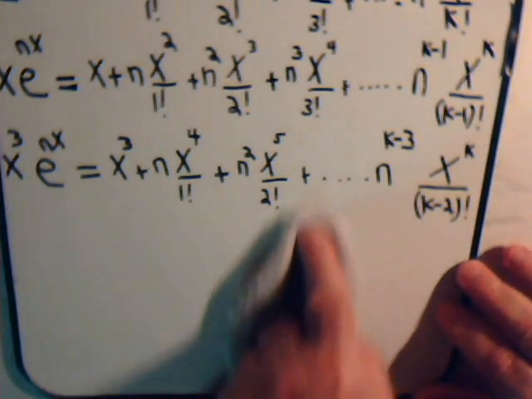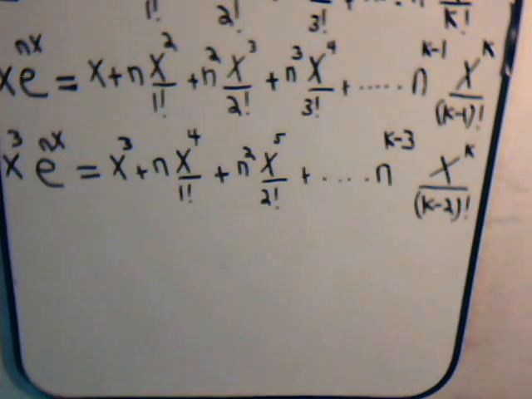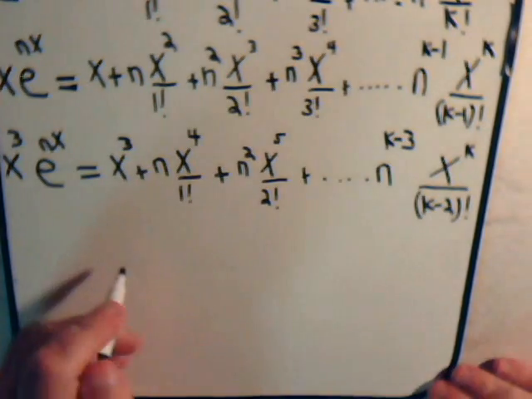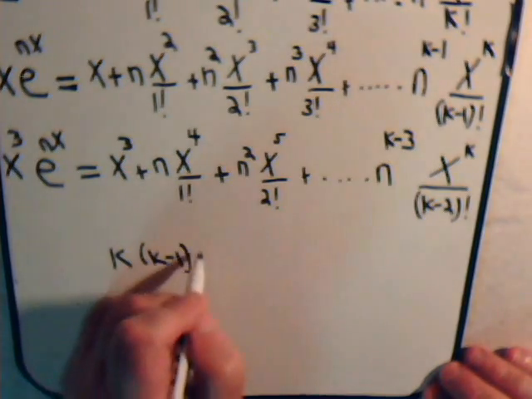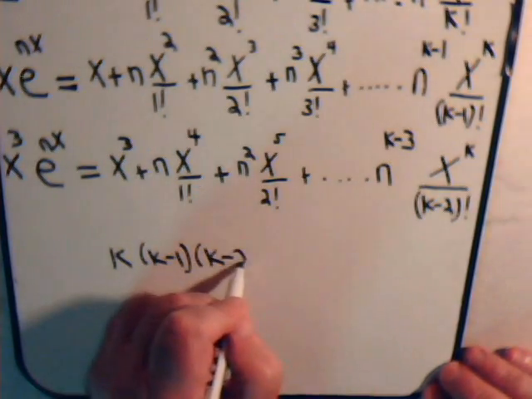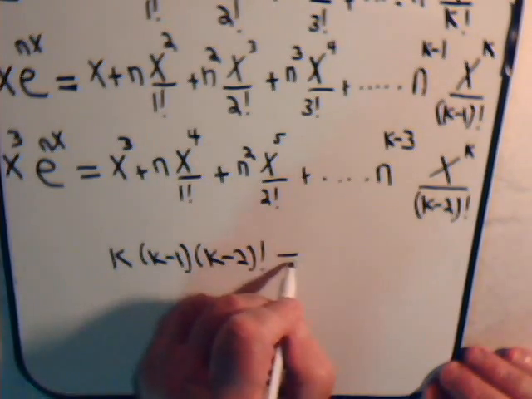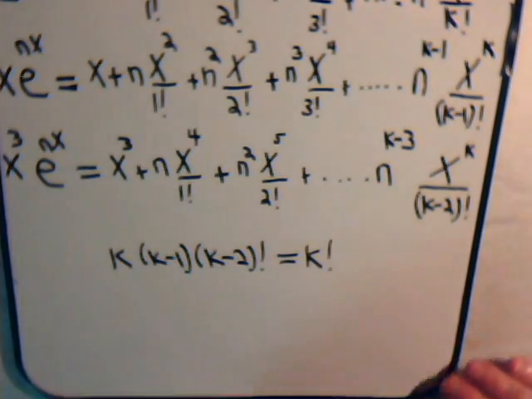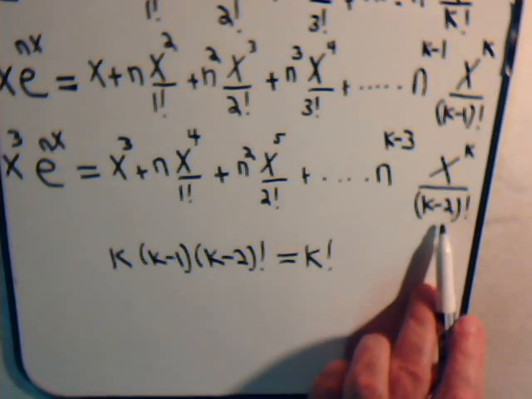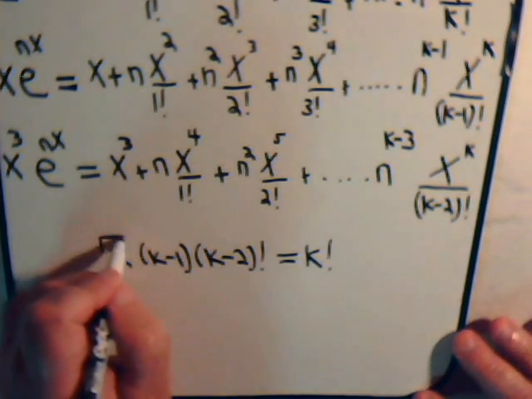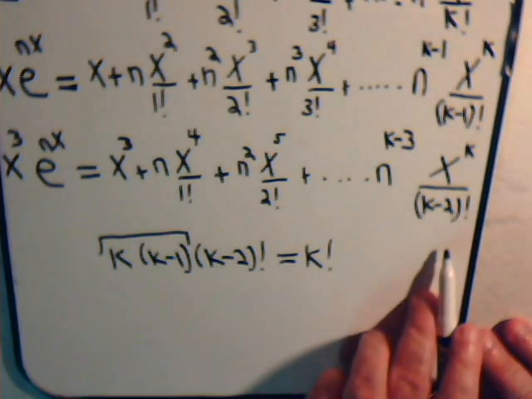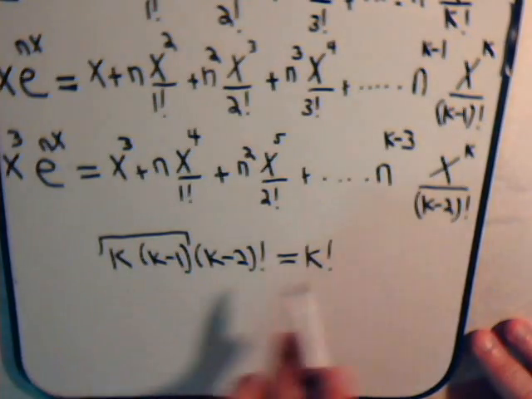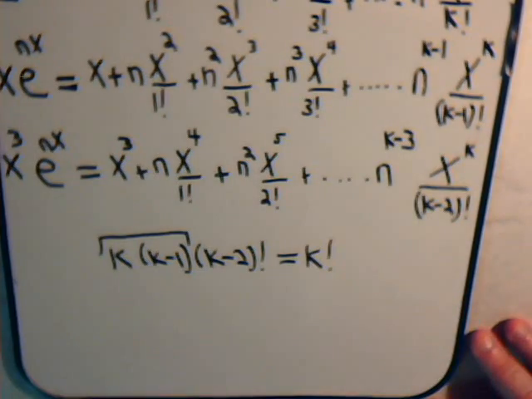Well, we know that k times k minus 1 times k minus 2 factorial, that is k factorial. So if we modify this bottom part by this, that gives us k factorial down here. If we modify the bottom by this, then we have to multiply the top part by this.